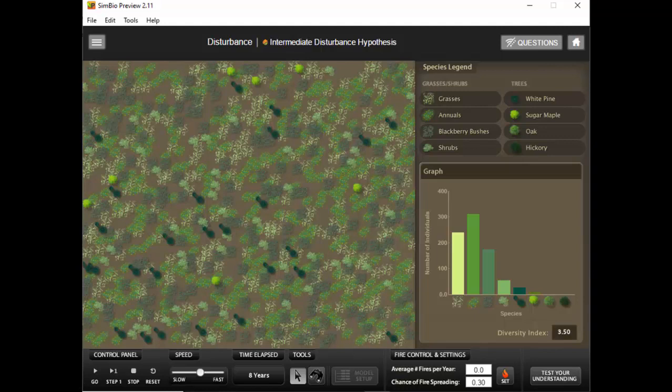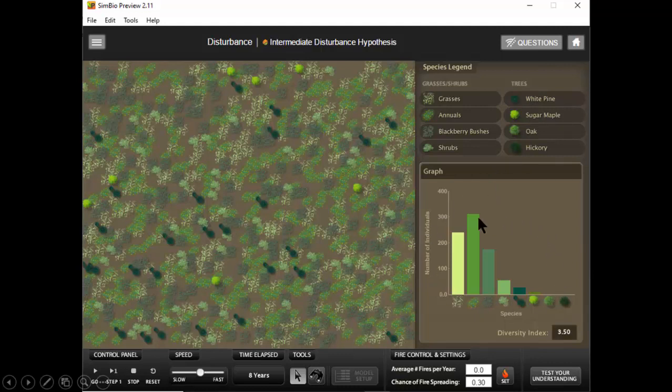Okay, and then I'm going to want to talk about it. So I'm going to say, okay, EvoBeaker is a simulation, blah, blah, blah. But this is simulating a prairie where each of these represents an individual plant of some sort, either a grass or an annual plant, blackberry bushes, shrubs, of 8 different kinds of plants. 4 grasses and shrubs, which are shorter lived, and 4 trees.